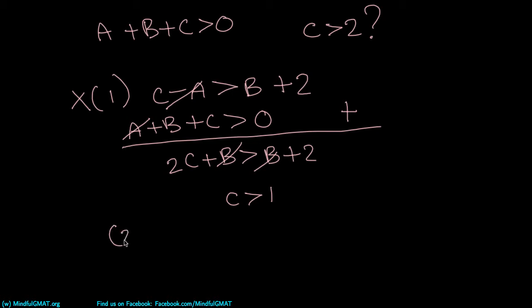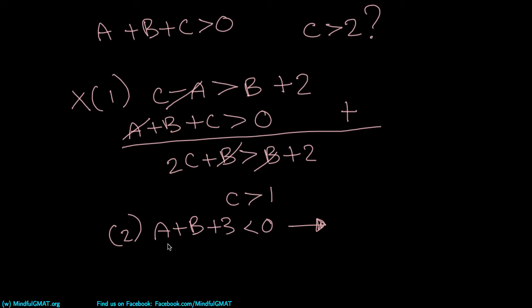The second piece of information tells you that a plus b plus 3 is smaller than 0. Now this inequality sign and this inequality sign point in different directions. So we first need to make sure to have them point in the same direction, and then we can add them.